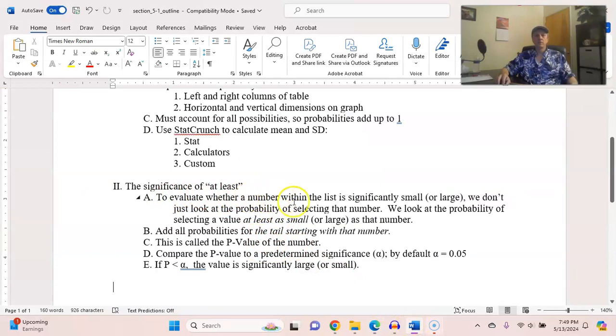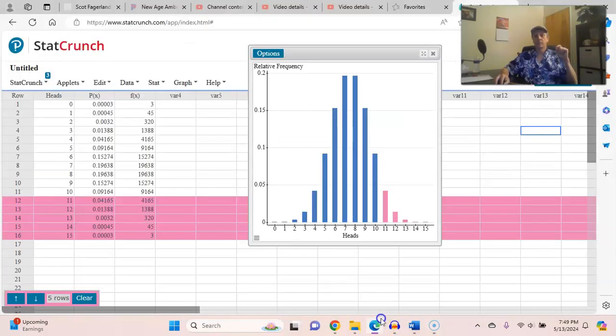To evaluate whether a number within the list is significantly large, in this example, we don't just look at the probability of selecting that number, we look at the probability of selecting a value at least as large as that number. So in this example, that means 11 or 12 or 13 or 14 or 15.